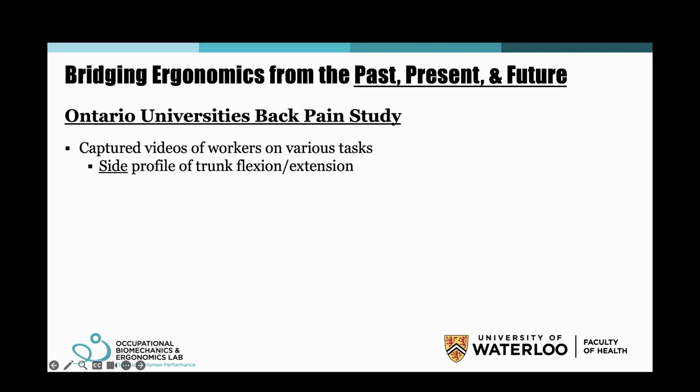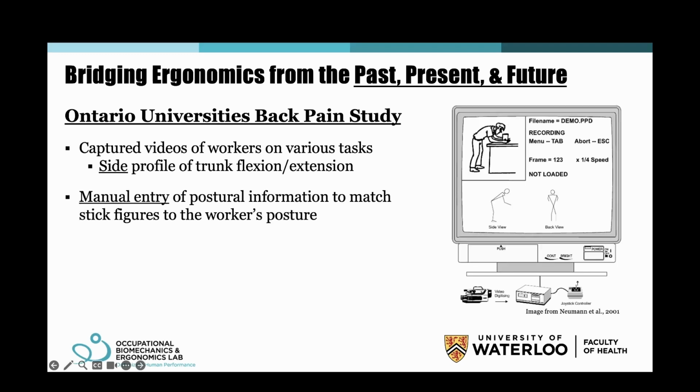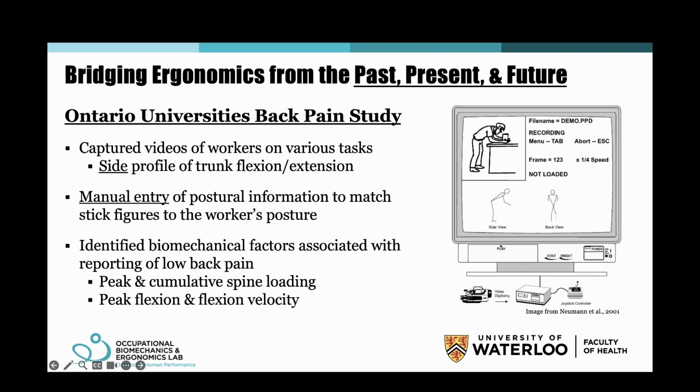Now, all these videos were digitized, and an operator or an assessor used a computer program to manually enter the postural information to match stick figures and postures with the video that was captured. And they did this frame by frame. And this is very, very time consuming. Now, from this work, many seminal studies used this data set to identify several biomechanical factors associated with reporting low back pain.